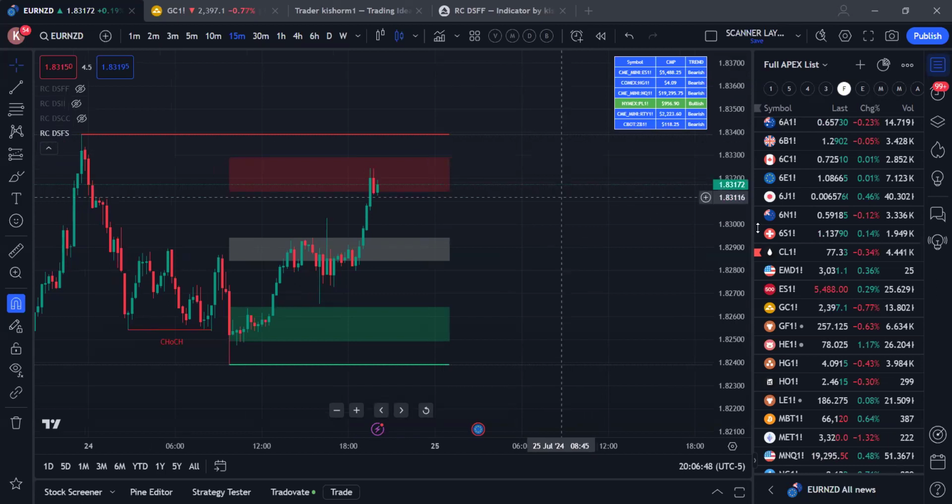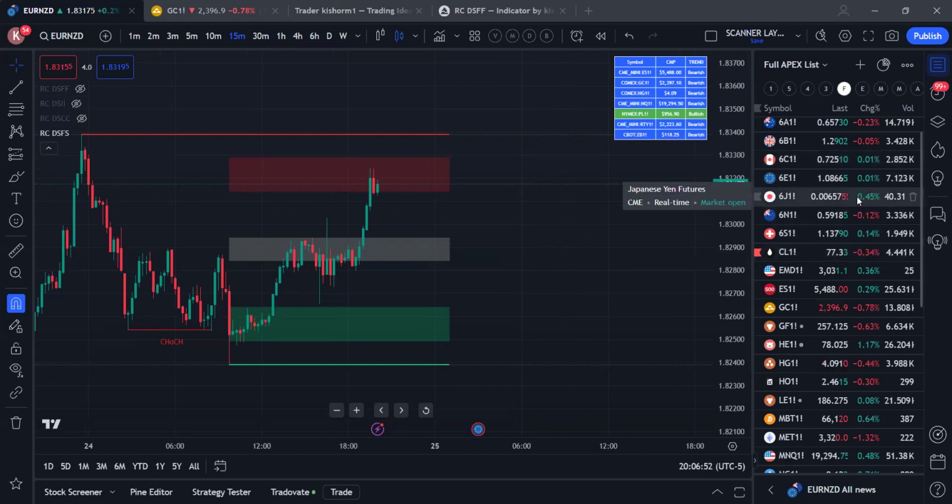So we have hundreds of futures instruments. There are nearly 40 to 50 currency pairs. We have 50 to 60 Bitcoin, right, cryptocurrencies. We have thousands of stocks, whether it is US or India.